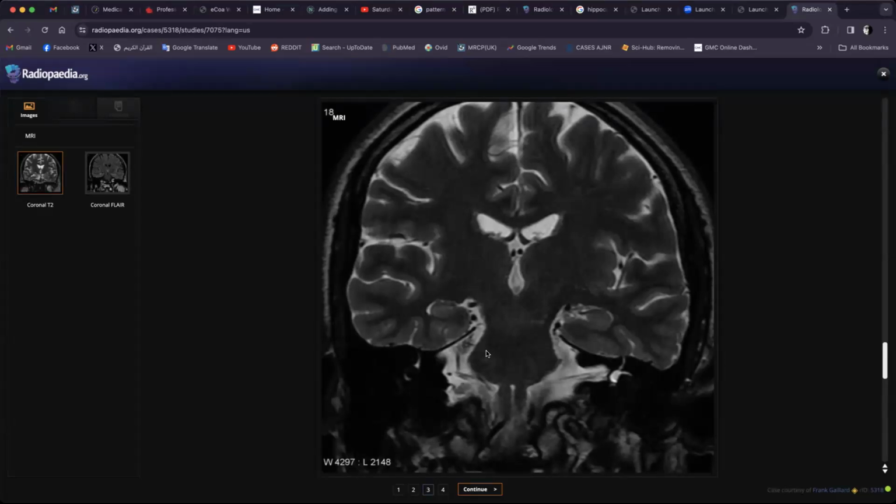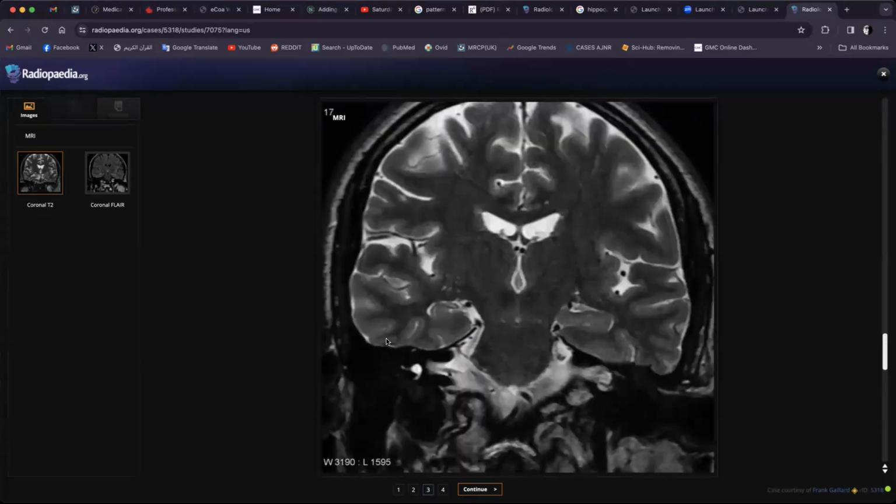Again, if you compare the parahippocampal region with the parahippocampal region, it is strikingly different. And also, interestingly, you can easily find a hippocampal sulcus here, but it is very difficult to find on the other side, as you start to see the hippocampal structure.